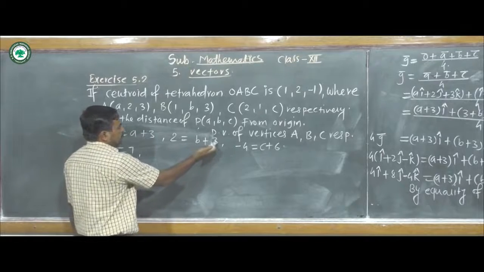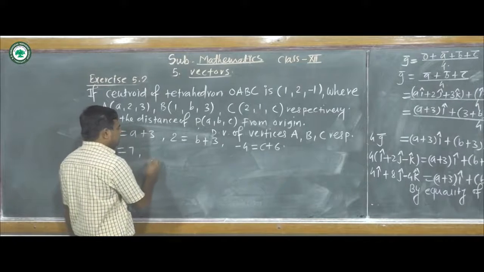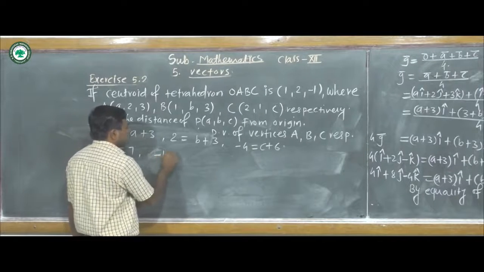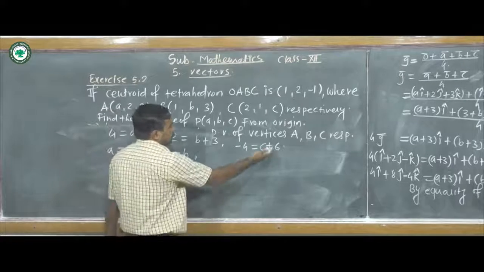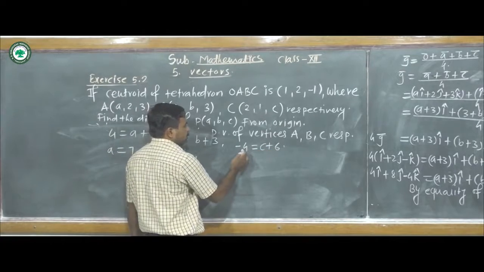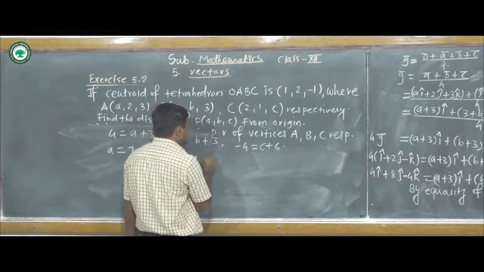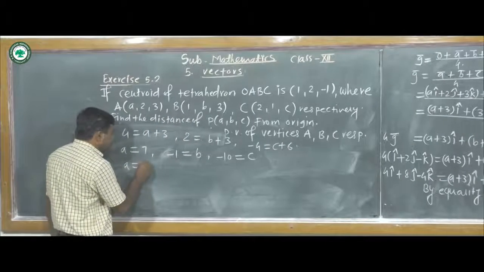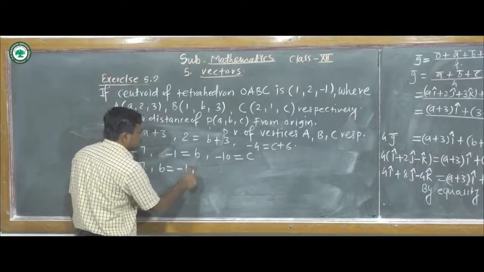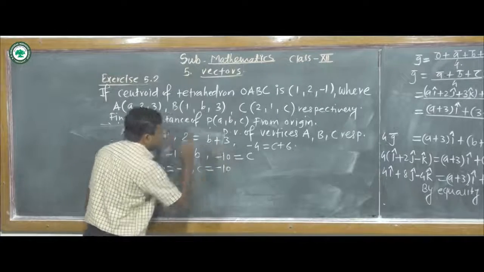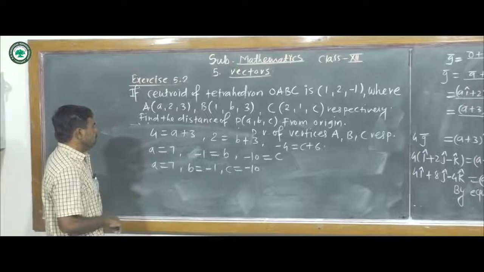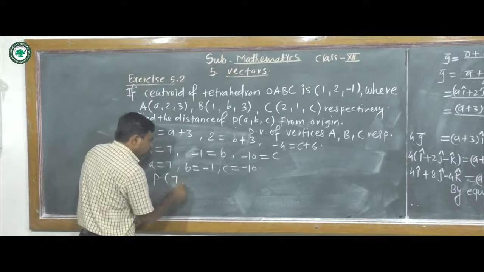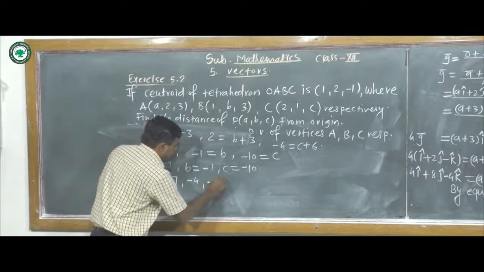After this, shift this 3 to the left hand side, we get 2 minus 3, that is minus 1. So minus 1 is equal to B, and here this 6 to the left hand side, so minus 4 minus 6 becomes minus 10. So minus 10 is equal to C. So therefore A is equal to 7, B is equal to minus 1 and C is equal to minus 10. So these are the values of A, B, C. So therefore the point P is 7, minus 1, minus 10.